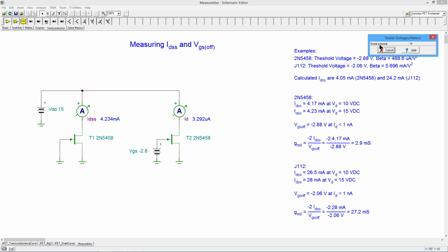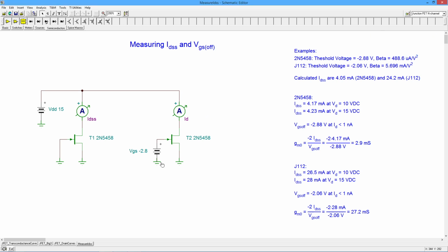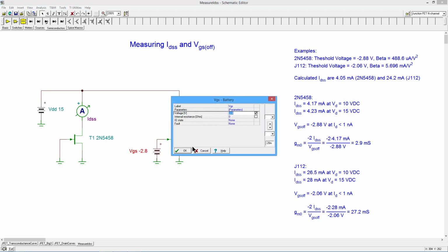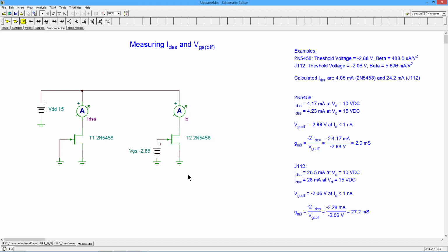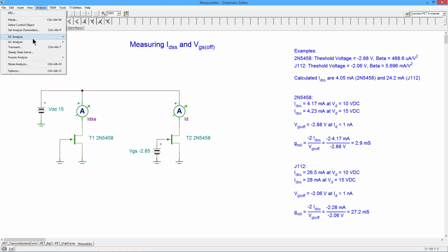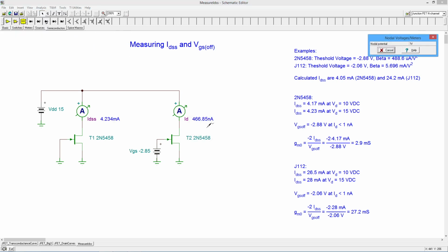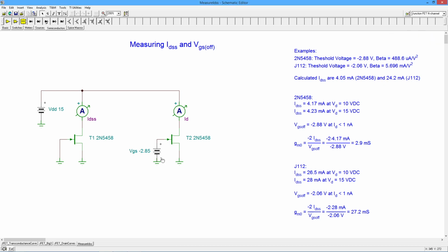So if you don't have a good value for your VGS off, you just sit here and tweak this a little bit. So I go up and I say 2.85. I mean, it would be handy to have a little physical knob here, but it's a simulator, right? Deal with it. All right, so 466.85 nanoamps. Well, I'm still not under a nanoamp, so I'm just going to try that again.